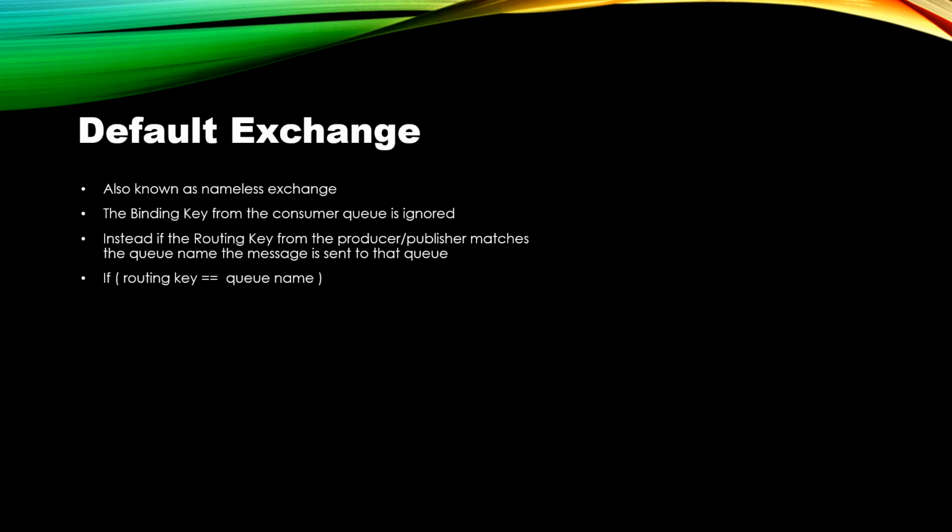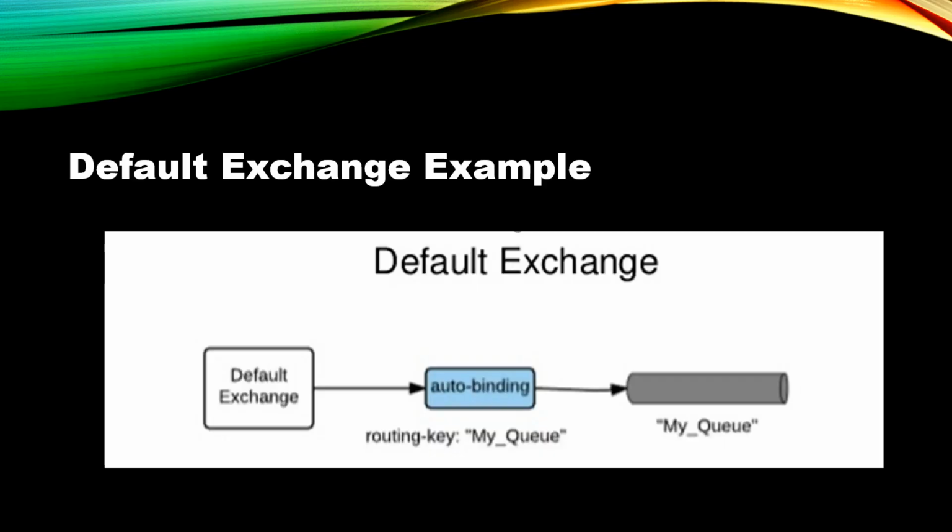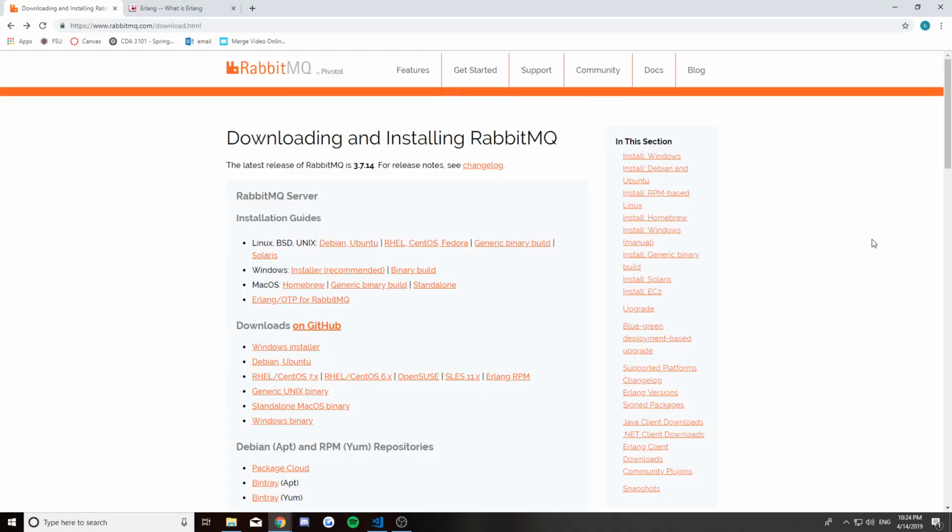So if the routing key is equal to the queue name, then the message gets sent. If we look at this diagram, the producer will send the message to the default exchange, and there will be an automatic binding between the queue and the key, because it'll just match the name.